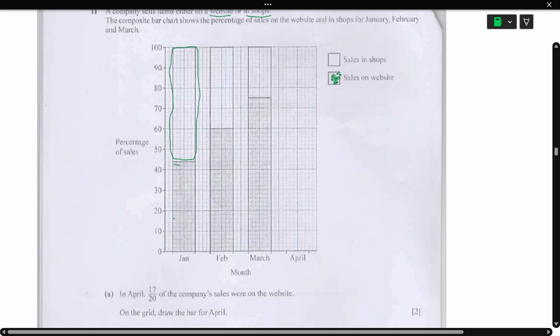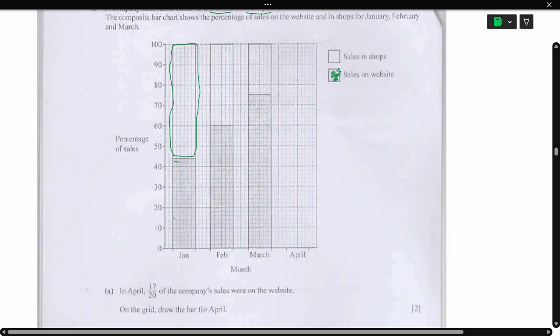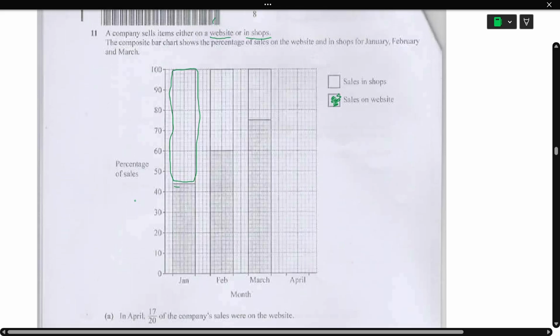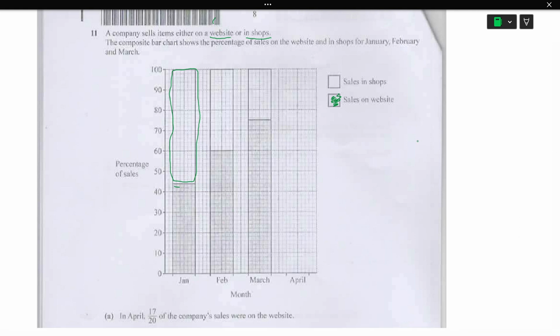In April, 17 out of 20 of the company's sales were on the website. Draw the bar on the graph. 17 out of 20 will make us a percentage. 17 out of 20 times 5 over 5 is 85 over 100. So 85 percent on the website in April.